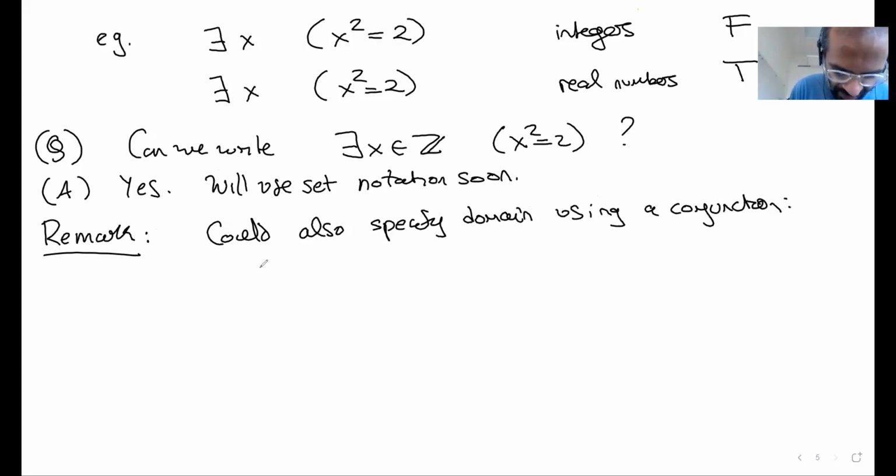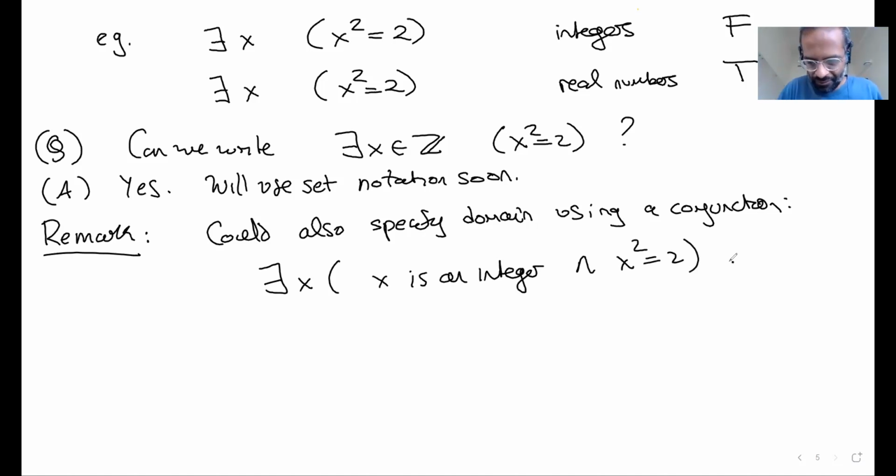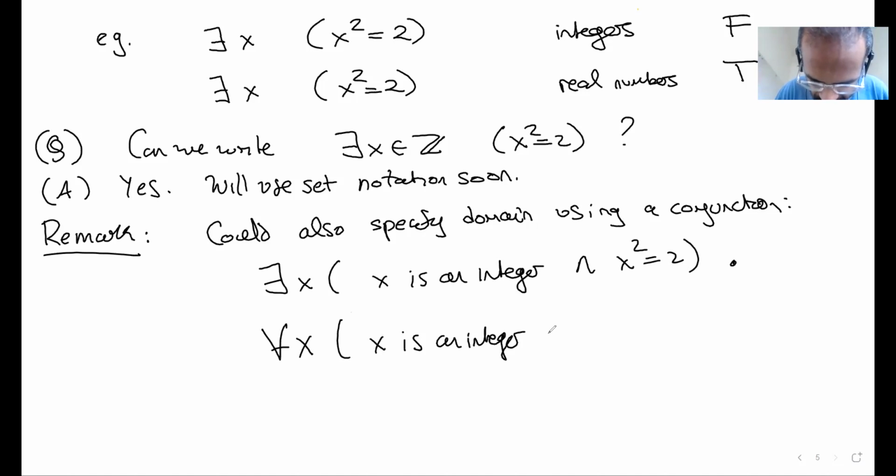So for example, you could say there exists an x so that x is an integer and x squared equals 2. In the meantime, you can do that as well. Or you could say, for every x, x is an integer implies x is even.